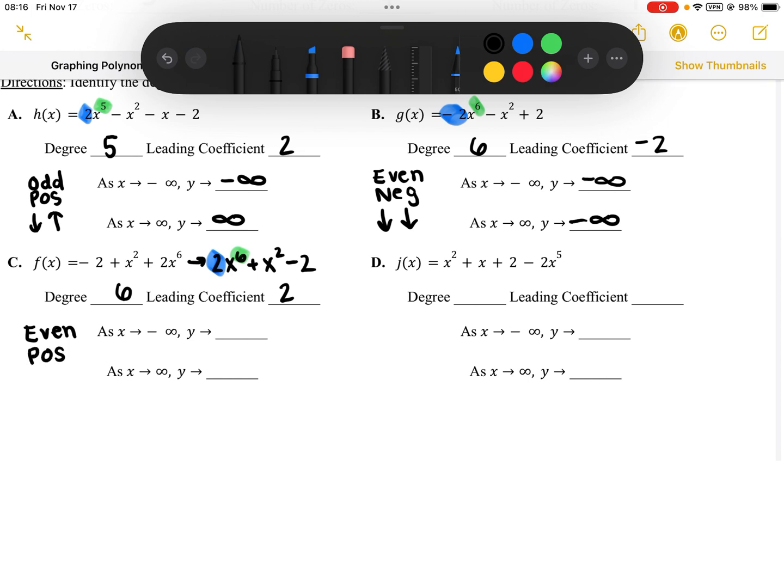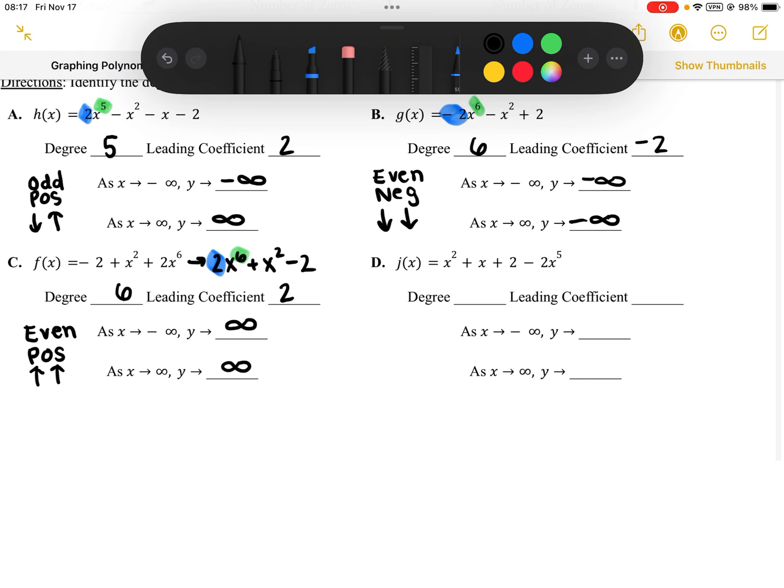My leading coefficient, positive. So they're going in the same direction and they're both going up. So as x goes to negative infinity, y is going to get bigger and bigger, go towards positive infinity. As we go to the right, x goes to infinity, y gets bigger and bigger, goes towards positive infinity.